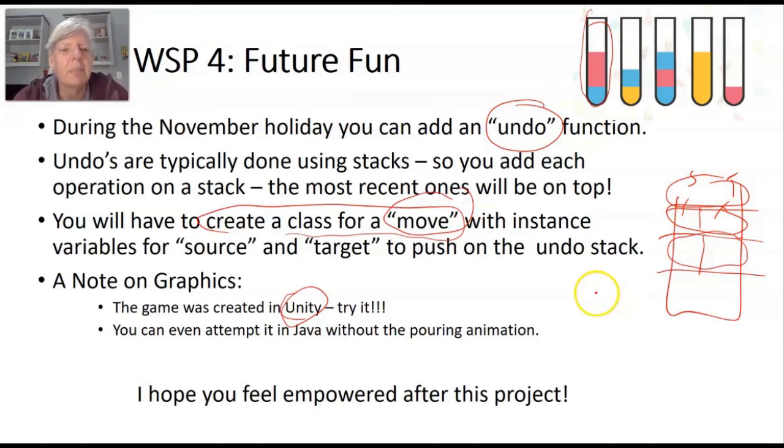You will see the game on the App Store has a limit of 5 undos. That is actually hard to do with a stack. It's better to do it with a special kind of queue, a deque. But if you ignore the limit of 5, you can do it with a stack.